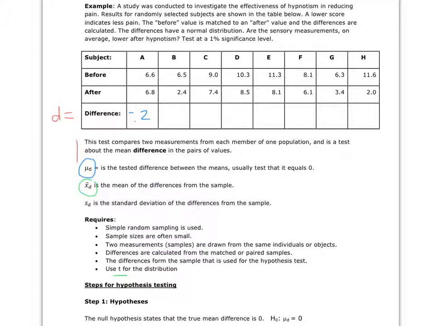For B, taking that difference, 4.1. For C, 1.6. For D, 1.8. For E, 3.2. For F, 2.0. For G, 2.9. And H is 9.6.